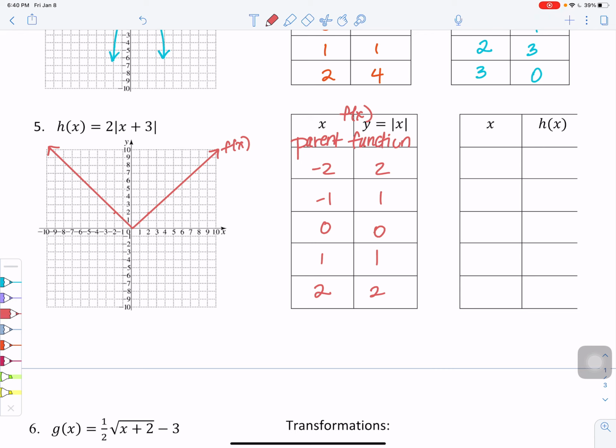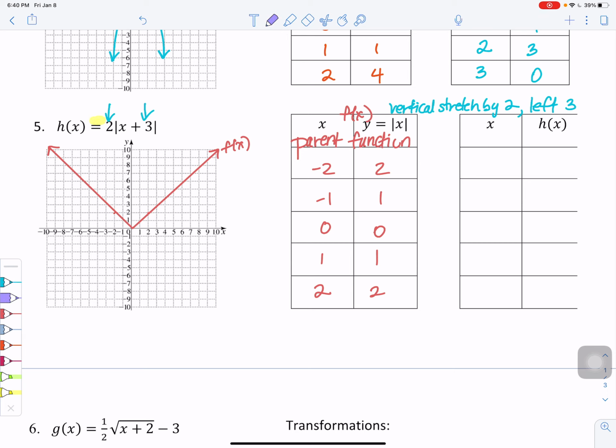Now, we'll go ahead and write down what these transformations were. And so what we did here is we had a vertical stretch by 2. And then we went to the left 3. So the stretch by 2 affects the y value. Actually, I would like to do something. I hope that this is okay.